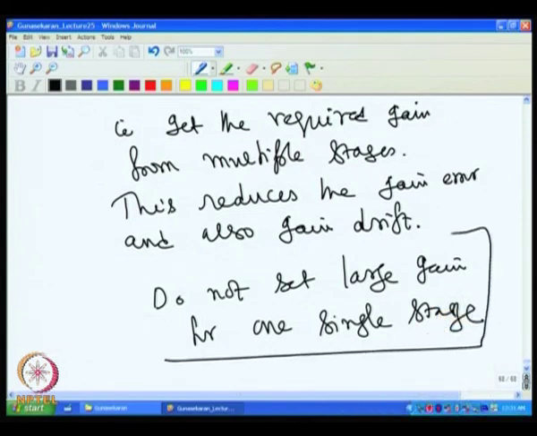This is the thing that we have to remember. If we set a smaller gain, and if you want large gain, get it from several stages, then the gain error and the gain drift error also will be less. So, with this I will stop this lecture.